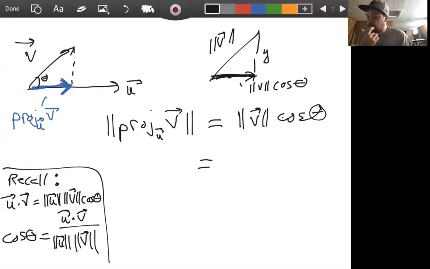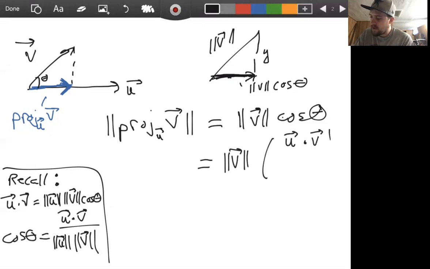So the magnitude of the projection of v onto u is magnitude of v times cosine theta, which is magnitude of v times u dot v all over magnitude of u times magnitude of v.